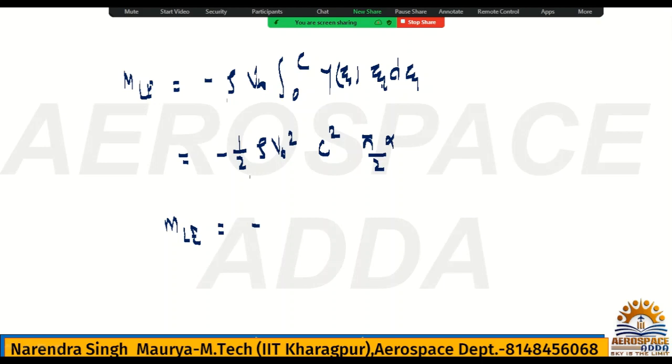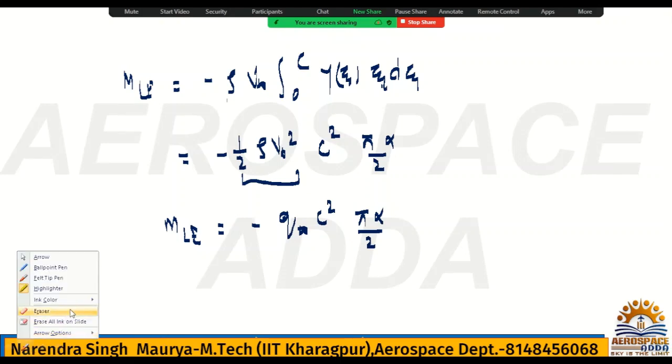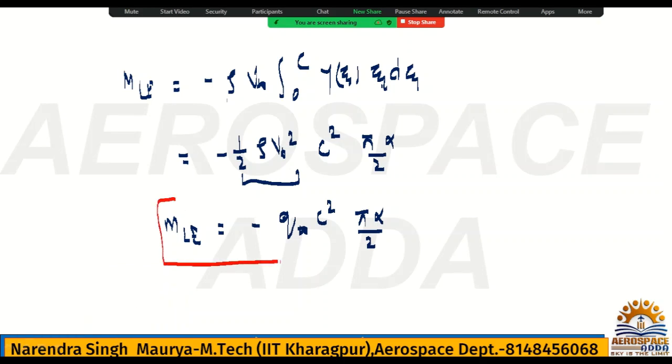So this is minus, and this is the dynamic pressure, so you can write q infinity c square pi alpha by 2, okay, fine. This value you need to write directly here, and remember this formula, this is very very important, okay, there should not be any confusion.